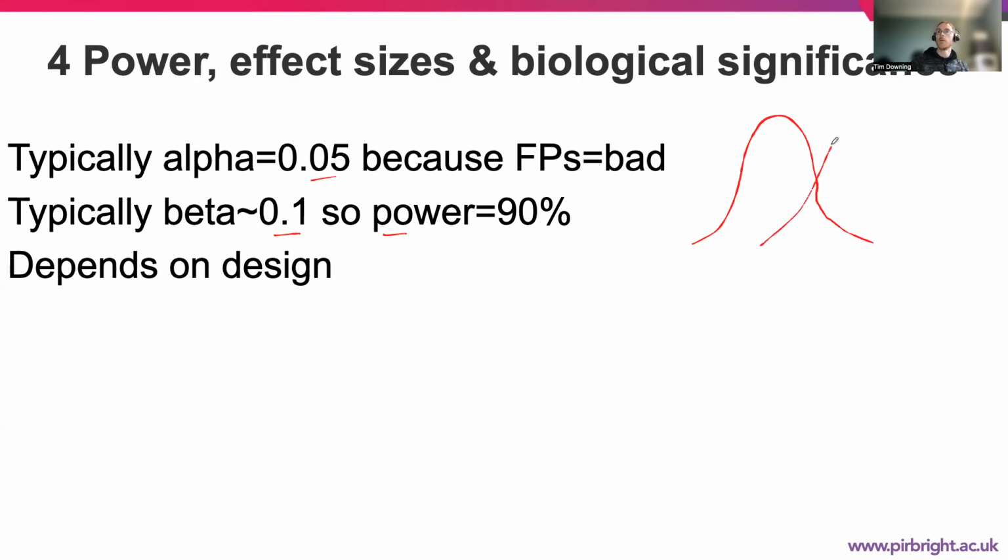As I try to draw graphically with a slow pen, if we choose some alpha value here in the middle of the distributions, then we have this area here that corresponds to areas that are beyond our alpha value threshold. And then on the other side, those are the ones that are false negatives.